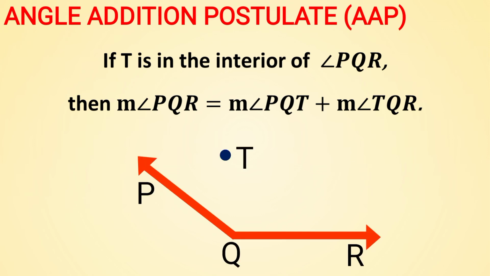Example, we have point T here, which is interior to angle PQR. We can now say that the measure of angle PQR is equal to the sum of the measures of the two angles, which are PQT and TQR.